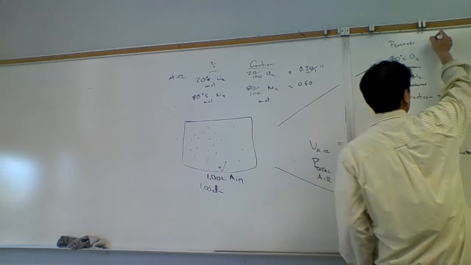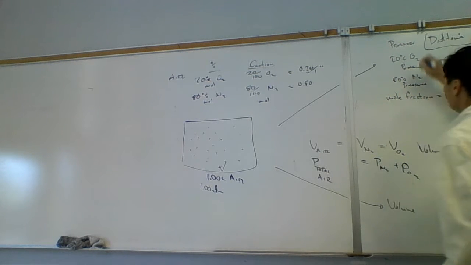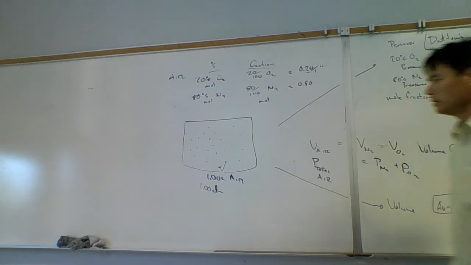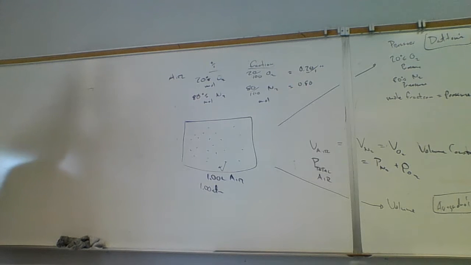One, we visualize it with pressure, it's Dalton's. Or 2, we visualize it by volume. This is called Avogadro's. Since I ran out of room there, I'm going to write Avogadro's over here.